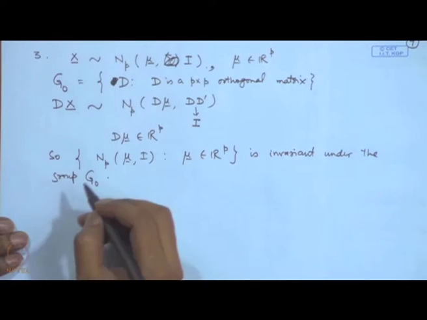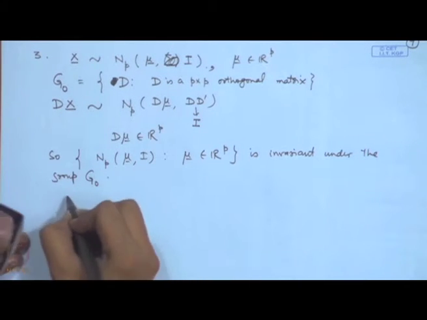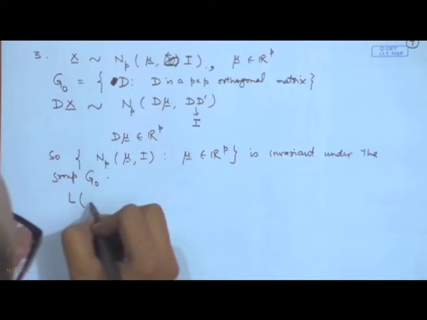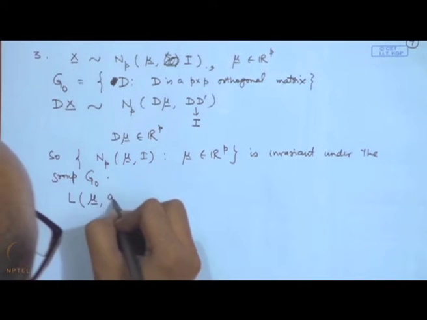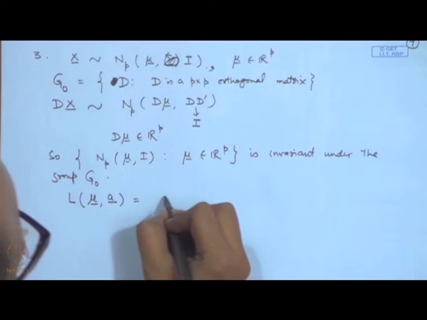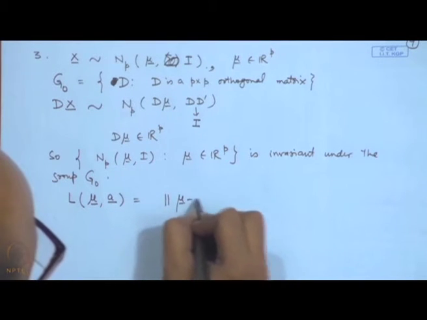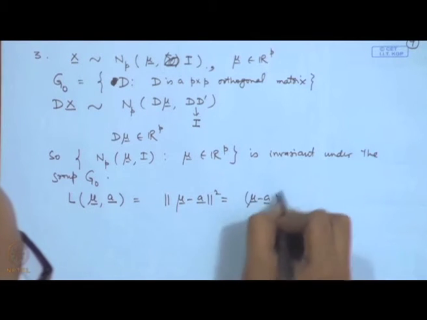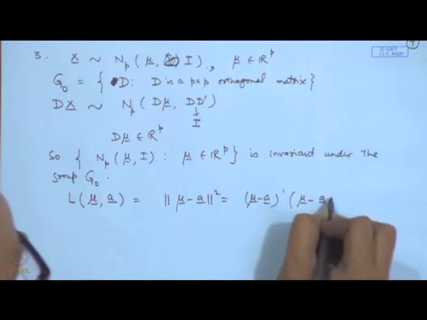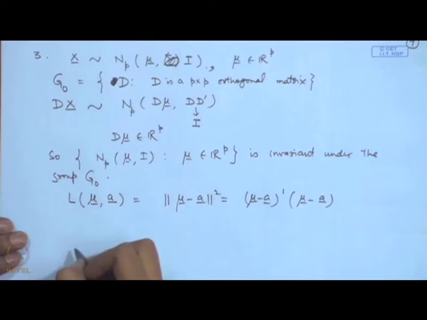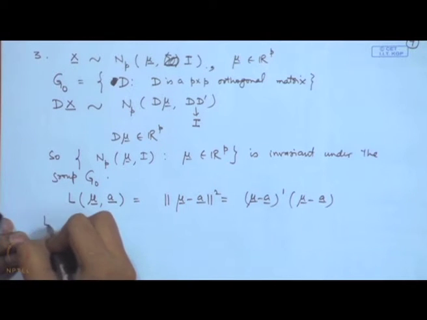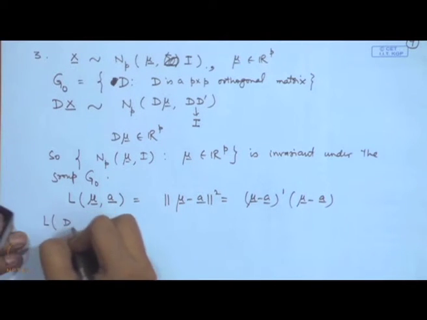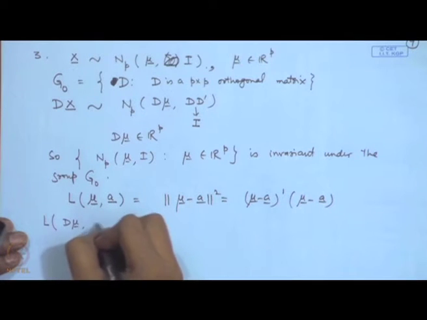Let us further introduce estimation here by taking a loss function. Let us introduce the loss function as the norm of mu minus a, squared, that is (mu minus a) prime (mu minus a). Let us consider, say, L(D mu, a1), in place of a prime, let me write a1 here, because prime is used for transpose here.